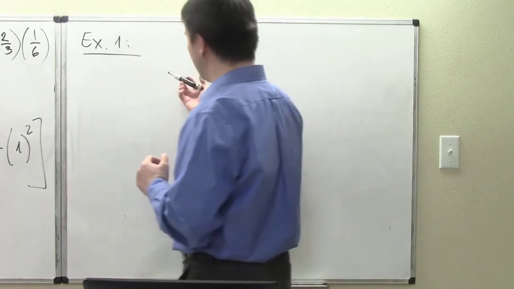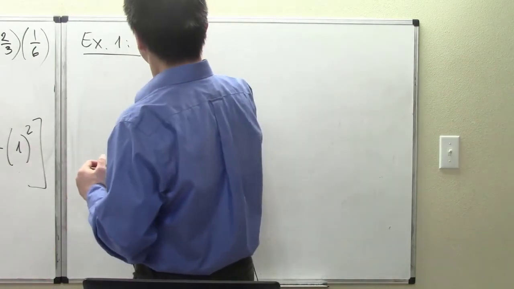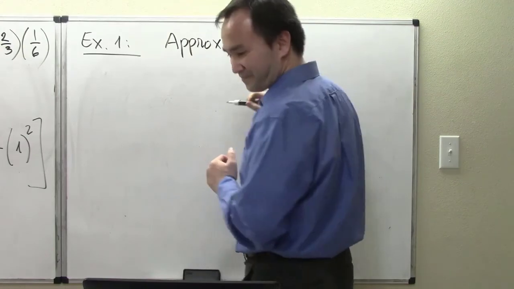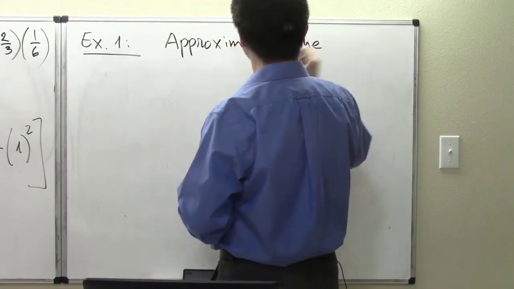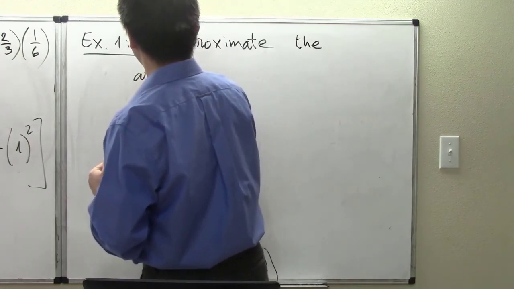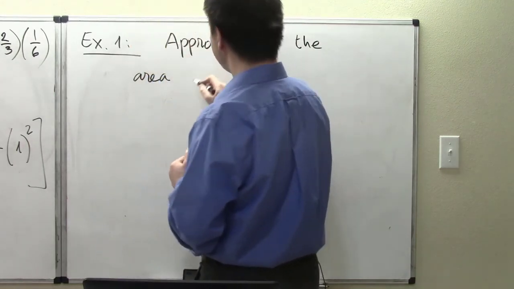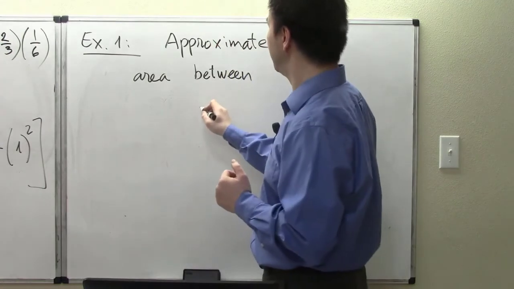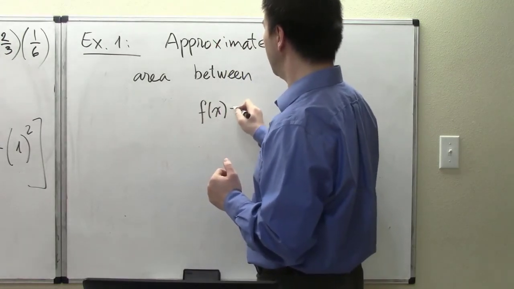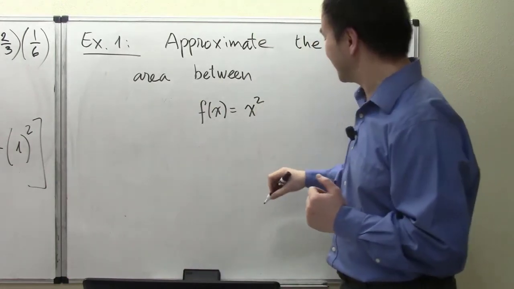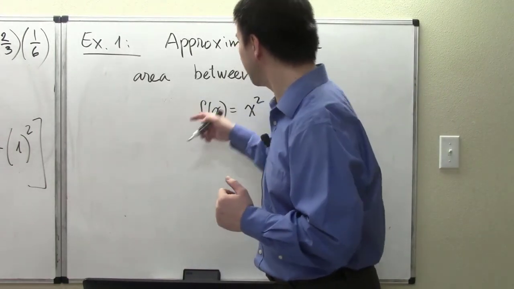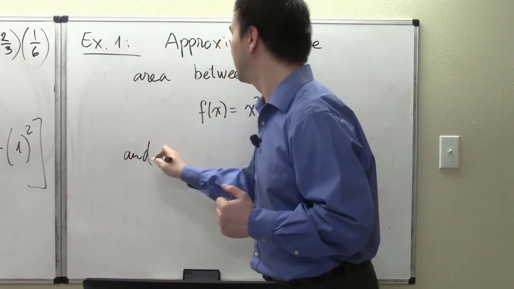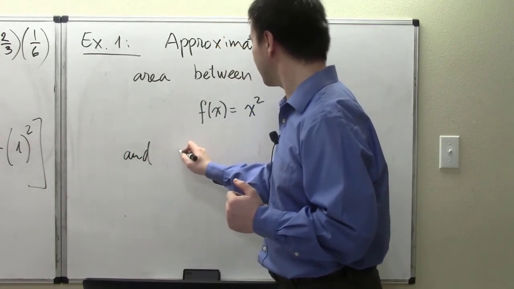All right, so in our example 1, let's approximate the area between f of x equals the x squared function again and the x-axis.